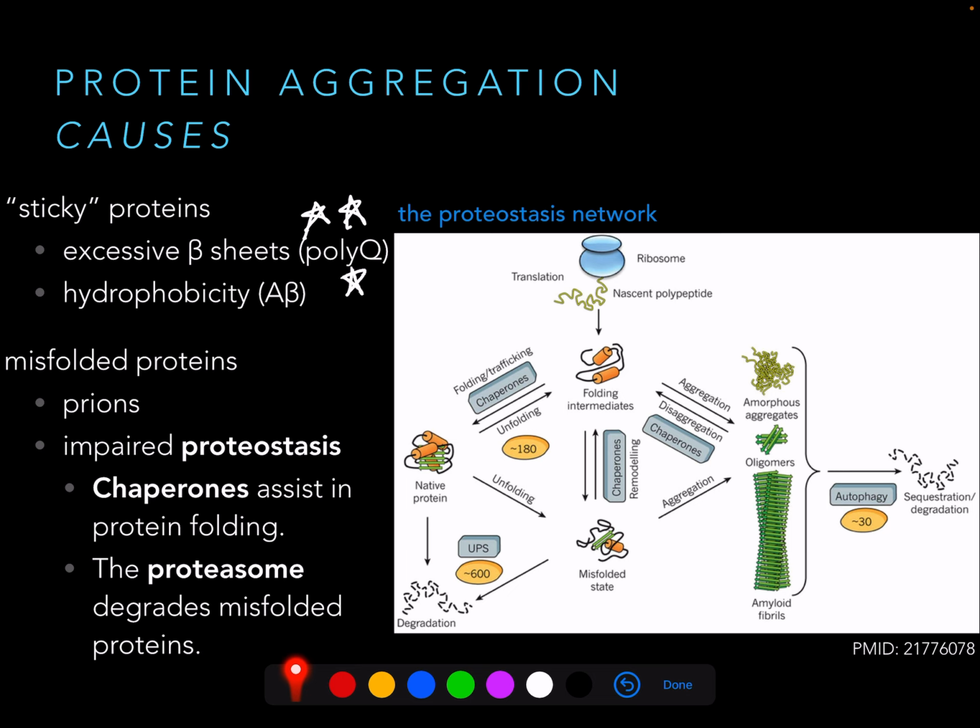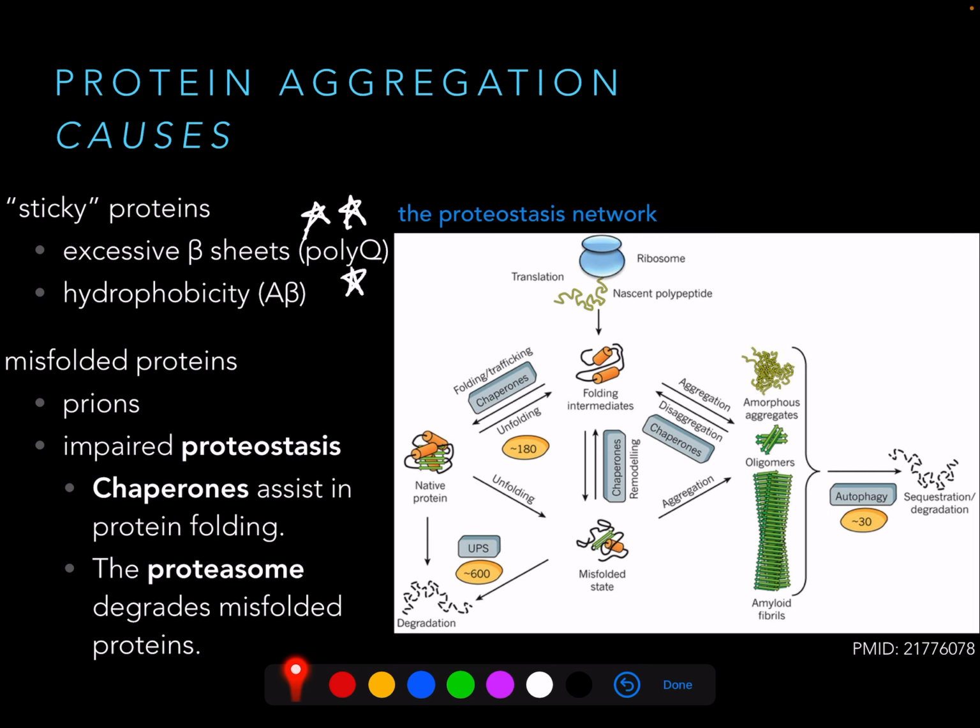Another possible cause of protein aggregation disorders is just simply misfolded proteins. Prions are a great example that we'll see later on in this class. So it could be a problem with the protein, the prion, or it could be that proteostasis network. So when we make a polypeptide, that's not the end of the story.